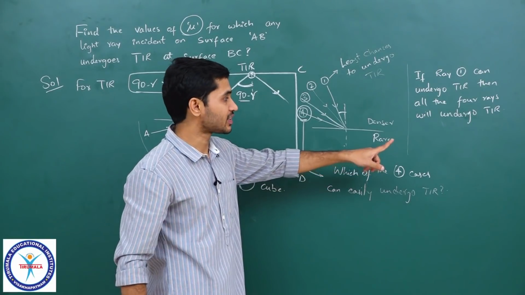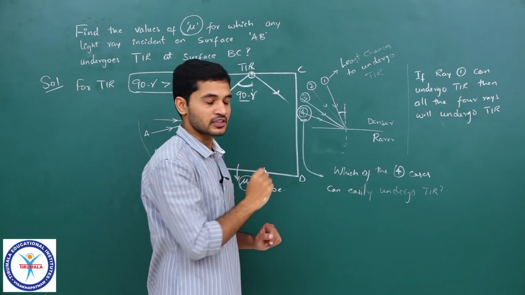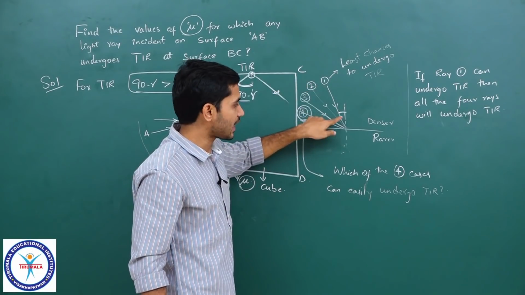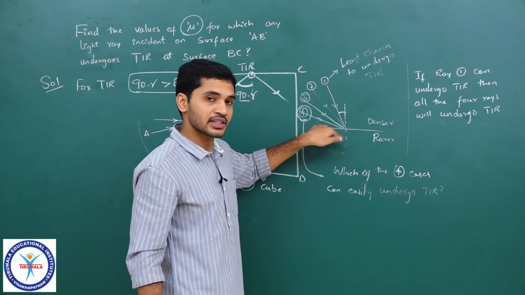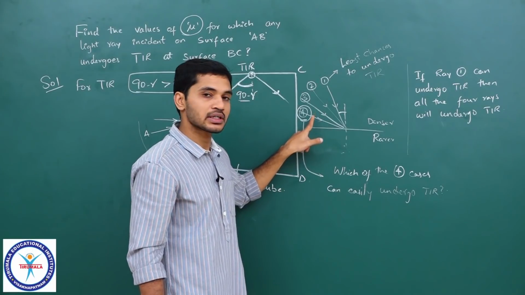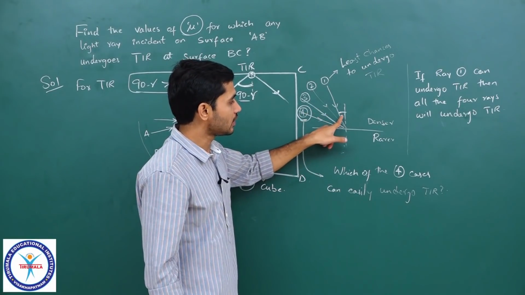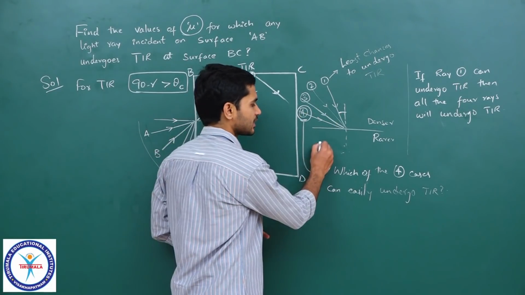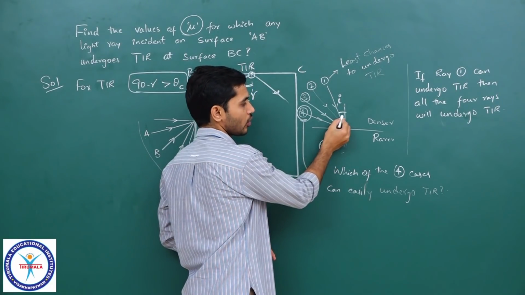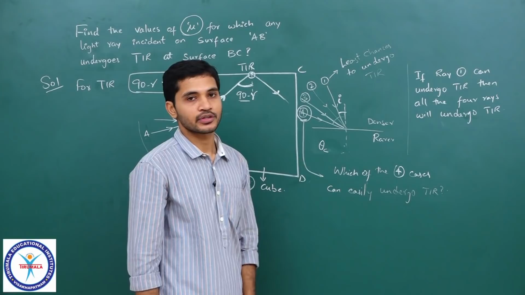Please observe carefully. In this particular scenario we have 4 light rays of different angle of incidence. What I am saying is that if this first light ray which has the least angle of incidence is undergoing TIR, then 2 will undergo TIR, 3 will undergo TIR and 4 will also undergo TIR. Is that correct? Yes, because if this angle of incidence is greater than theta c, whatever that theta c is, then all of these have even greater angles of incidence, correct. So all of these will definitely undergo TIR.